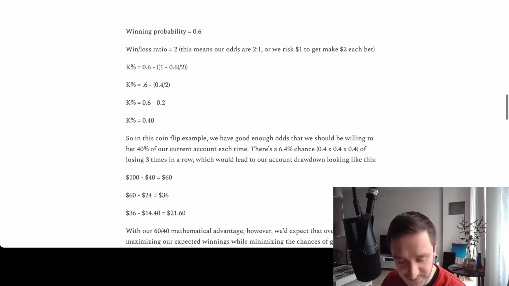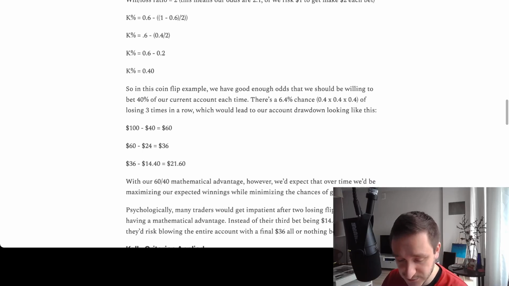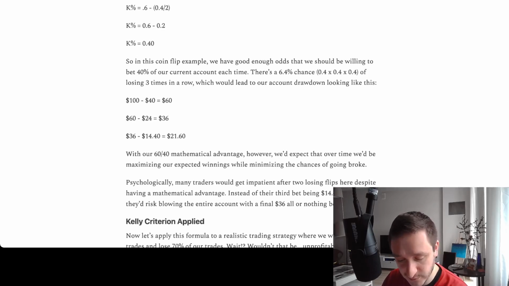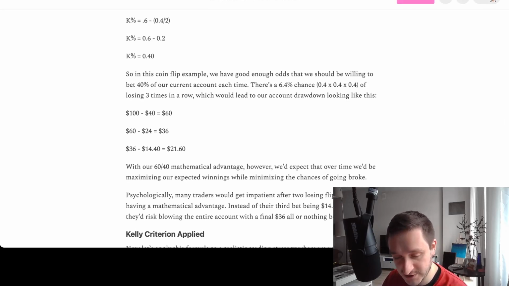The computation gives you 0.4 for the Kelly criterion, which means you should be willing to bet up to 40% of the current account. So up to 40%, meaning the bet starting with $100 would be $40 per bet, but that depends also on how you lose the position.